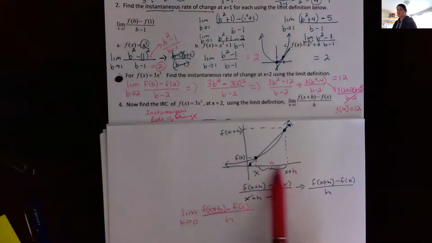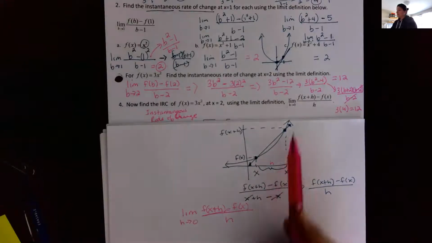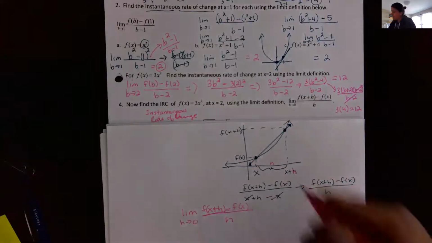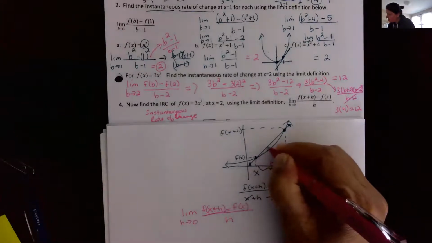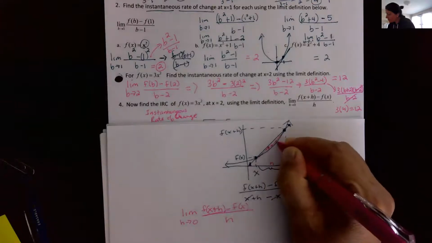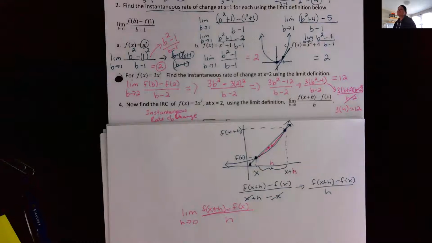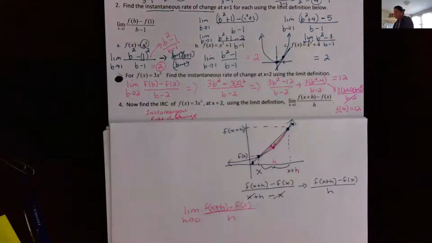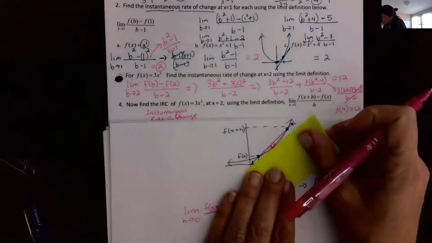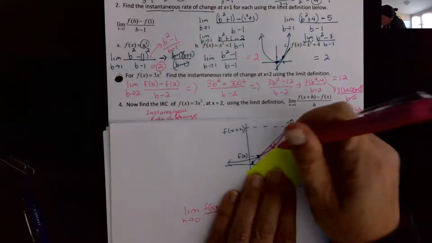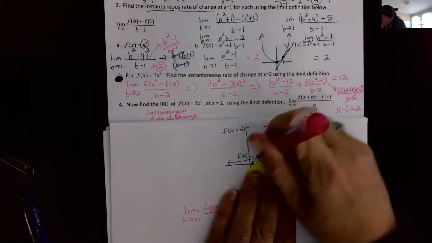Remember, h is this distance between these 2 points. If we approach a distance of 0, basically nothing, what we're doing is we're bringing this in and this in so close together, there is no distance, and h is basically nothing. So that brings us to a place on this graph which would be equivalent if I drew a tangent line right there.